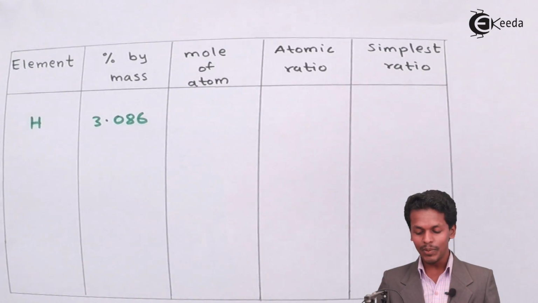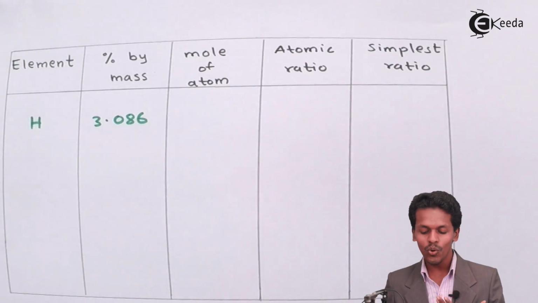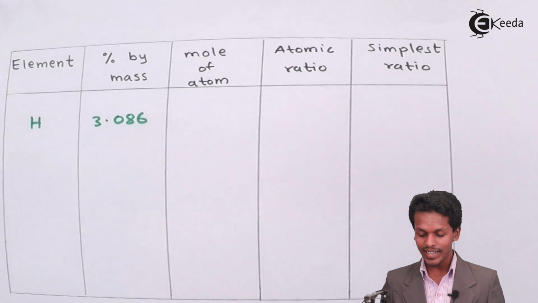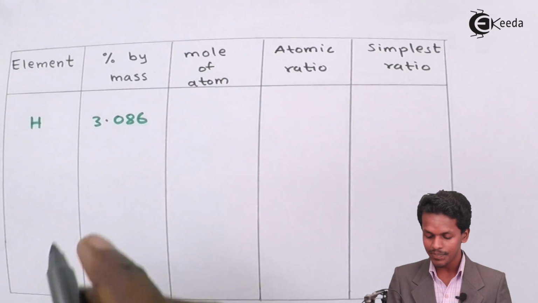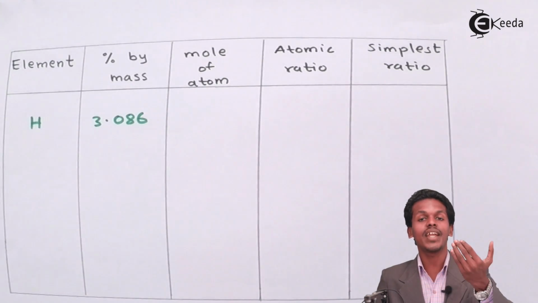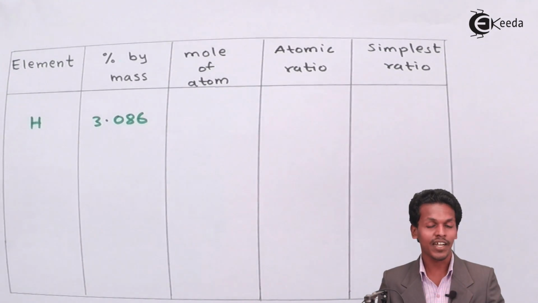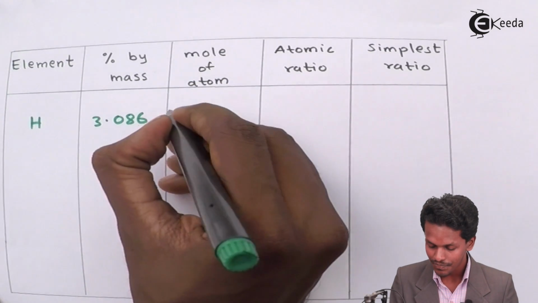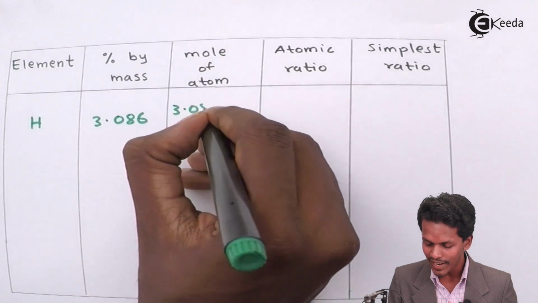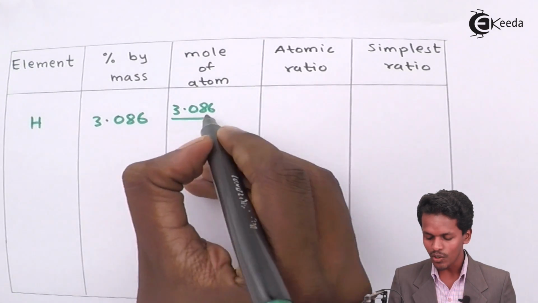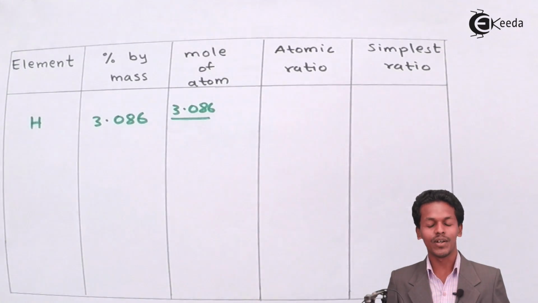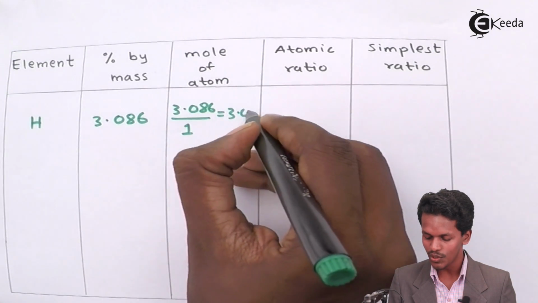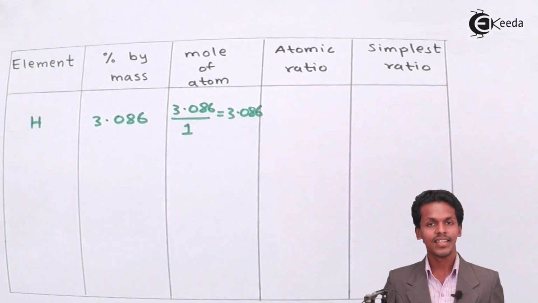If I calculate the mole of the atom, that is the mole of hydrogen, it is very easy: mole means the weight divided by the atomic weight. The weight of hydrogen is given as 3.086, while the atomic weight of hydrogen is 1. So the answer will be 3.086 itself.